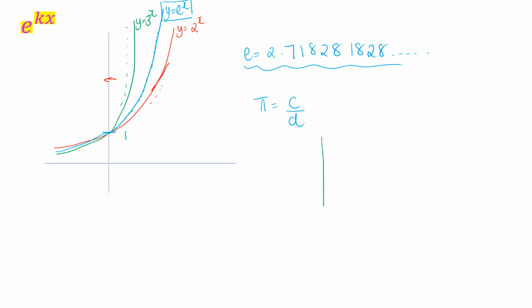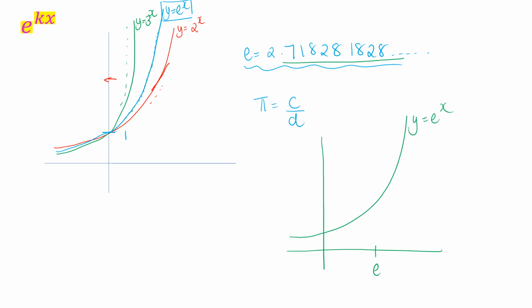So what do we do when we're finding the gradient? We differentiate. So I'll just draw it by itself here: y equals e to the x. If we had e itself, e to the 1, so that's the number 2.71, this number here, and I found the gradient at that point, the gradient would also be e.